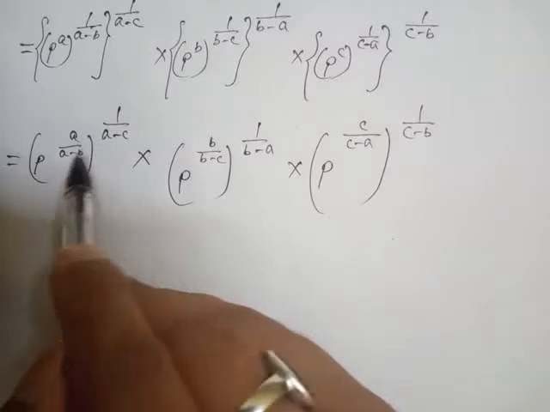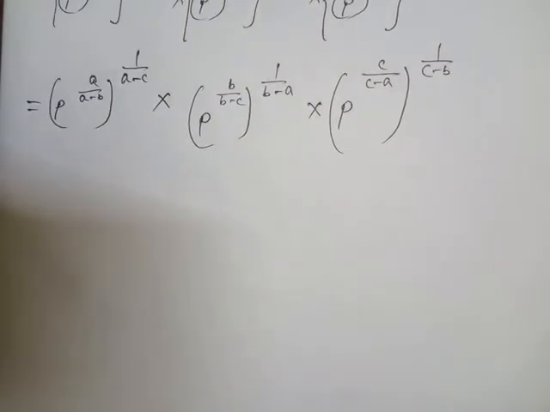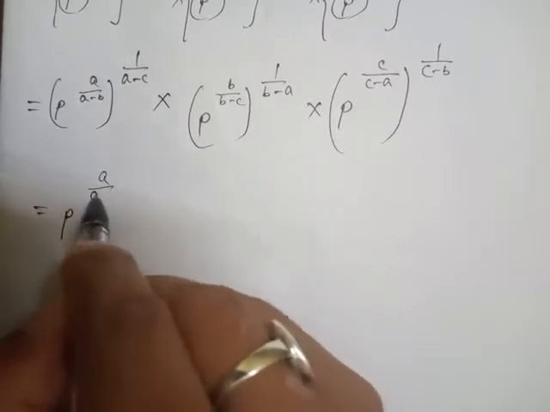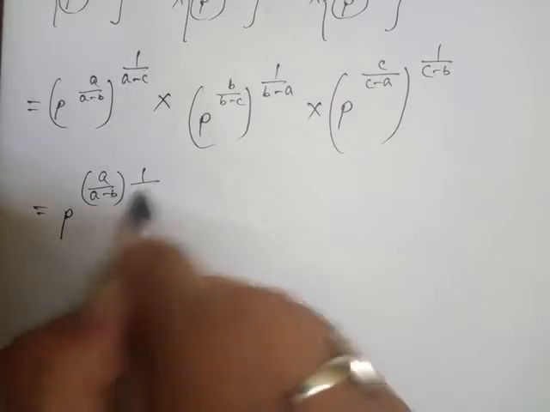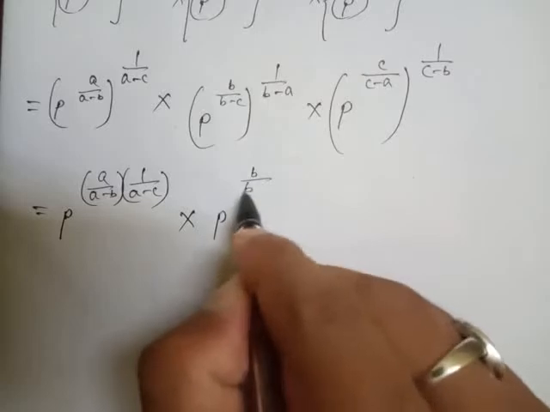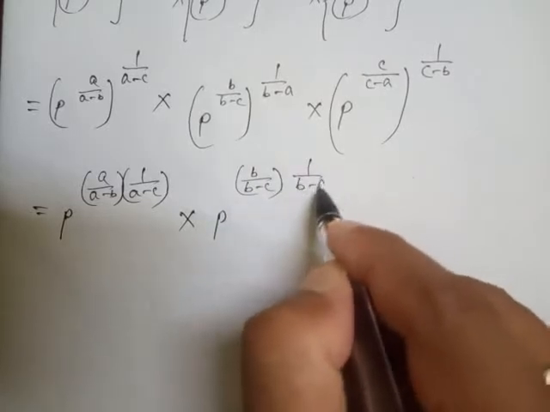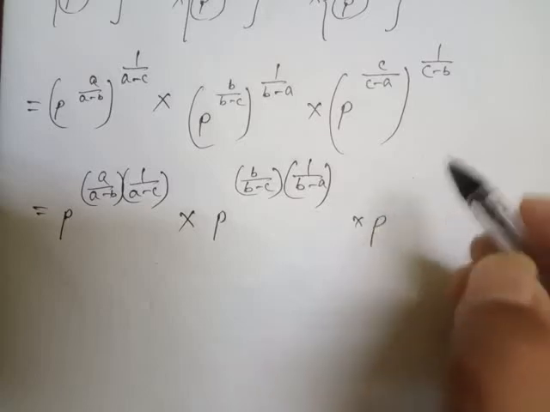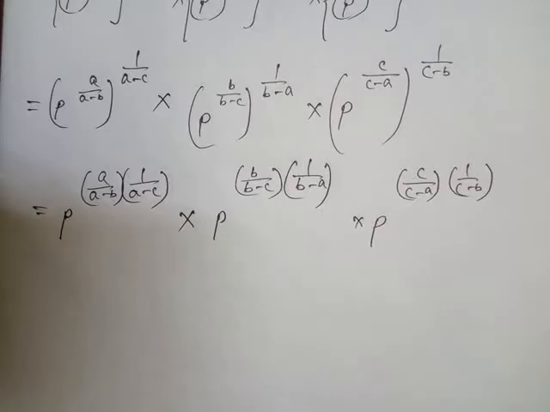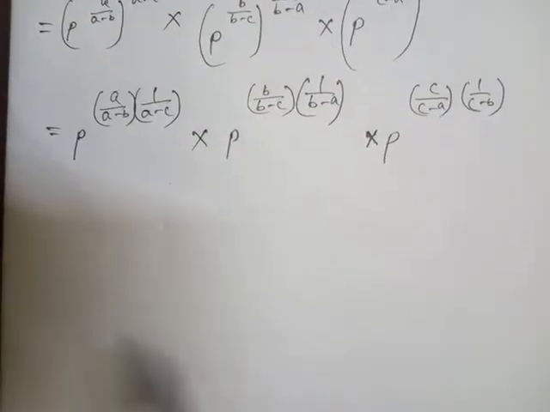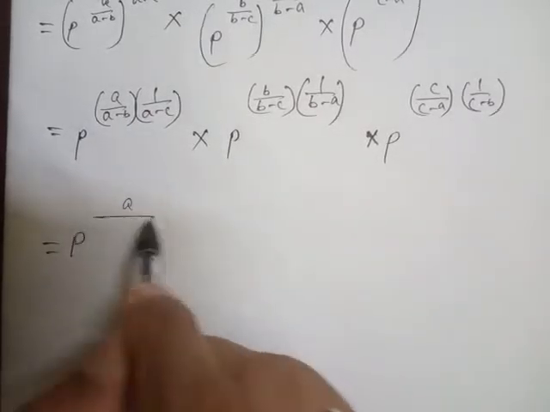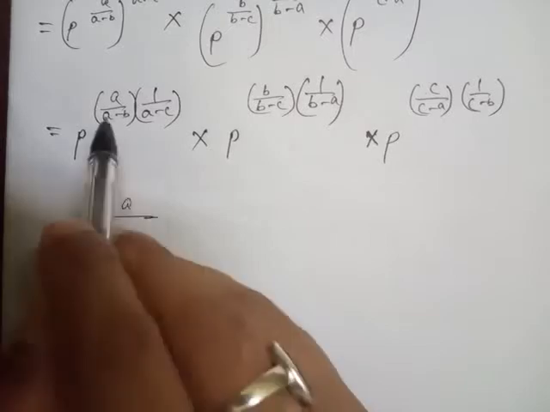Now look, after that we'll go for the multiplication here. So the answer would be p to the power a by a minus b into 1 by a minus c, then into again p to the power b by b minus c, 1 by b minus a, then p to the power c by c minus a, then 1 by c minus b, like this. Now student, look, after that we'll go for the multiplication here, a by a minus b and a minus c.